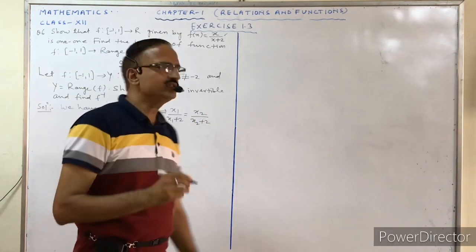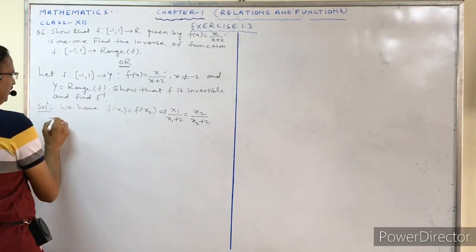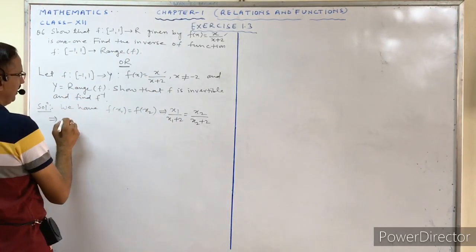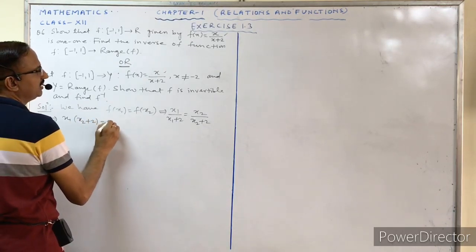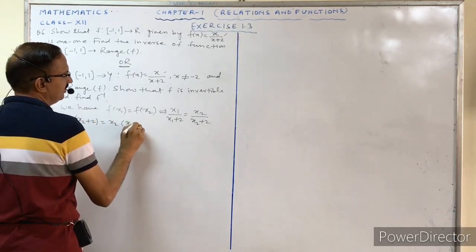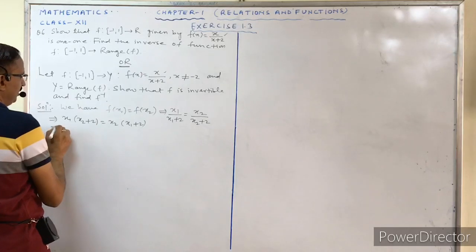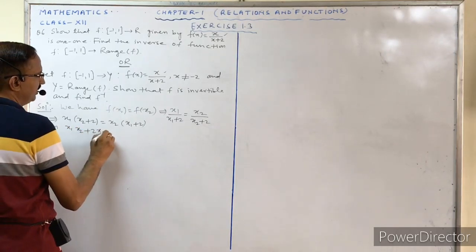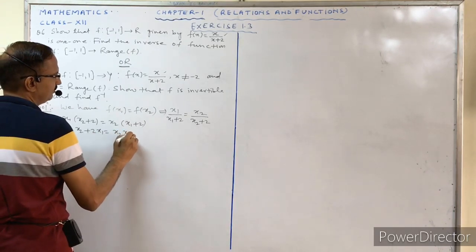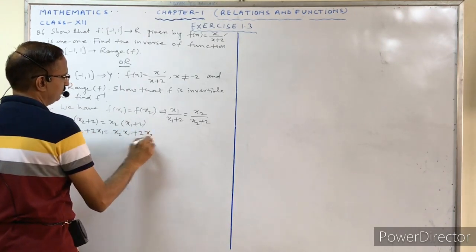By cross multiplication we get x1(x2 + 2) = x2(x1 + 2), so x1x2 + 2x1 = x2x1 + 2x2.